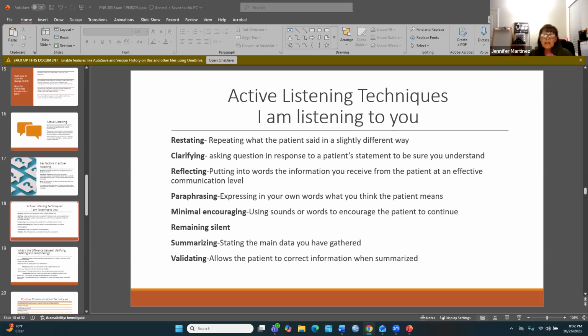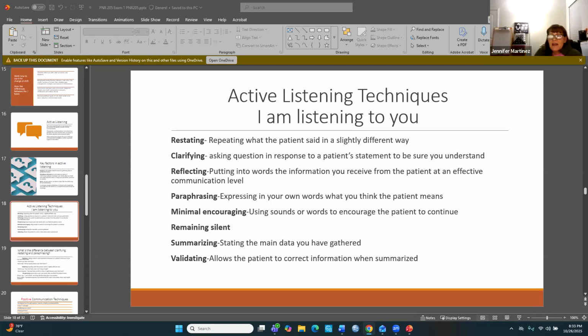Paraphrasing is expressing in our words what we think that the patient means, right? It's like when you're doing research for one of your papers, right? You paraphrase your references. You're taking that information and putting it into your own words, to make sure that we are understanding.